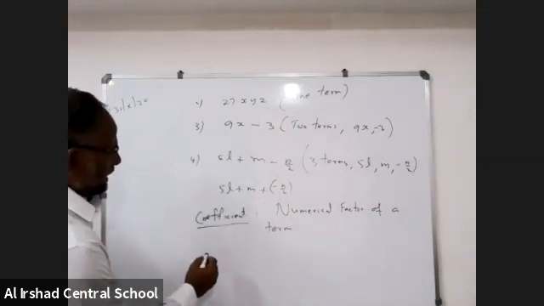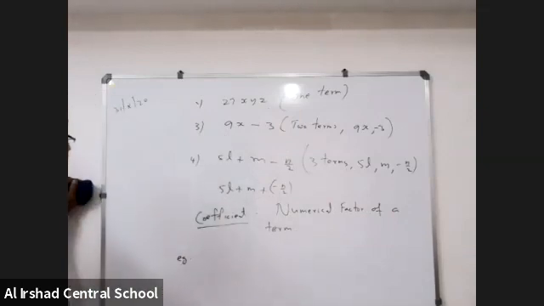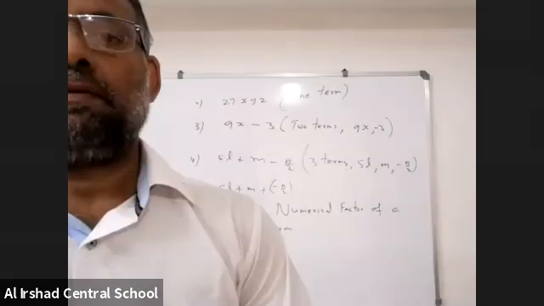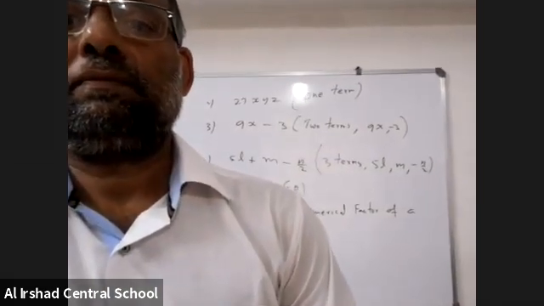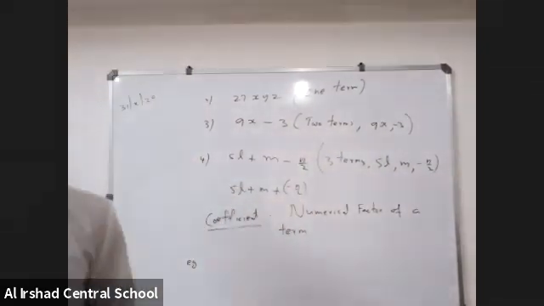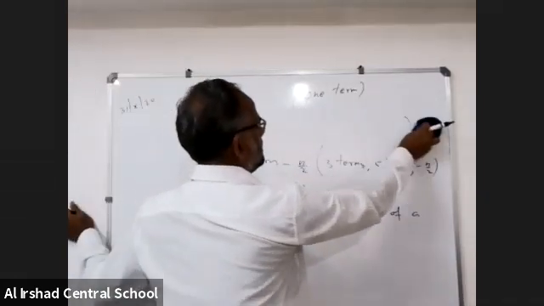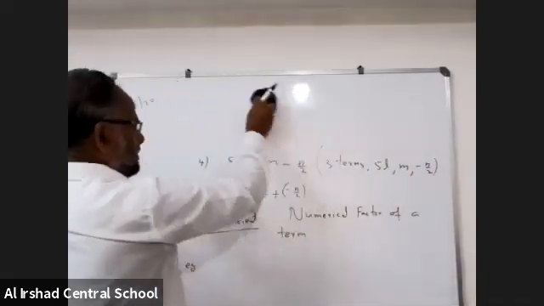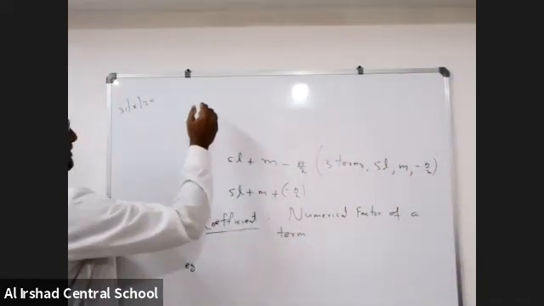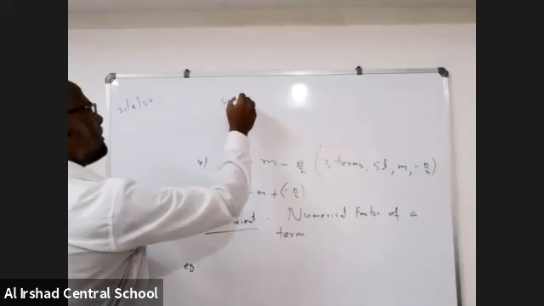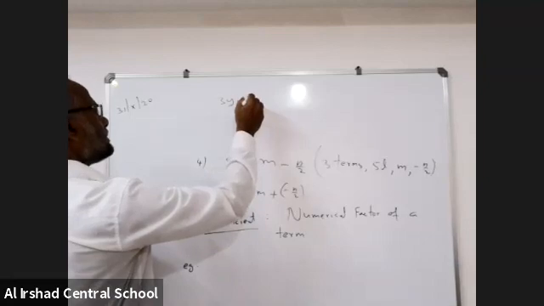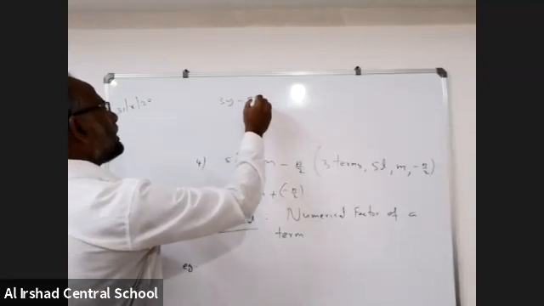Now write one example. Numerical factors of a term, that is called coefficient. Example I am writing here: 3y minus 5x.